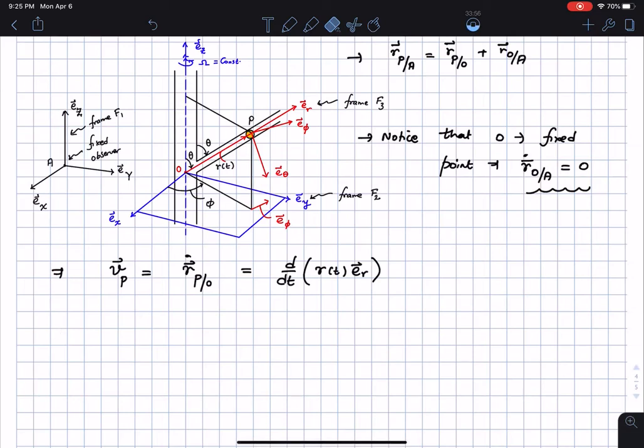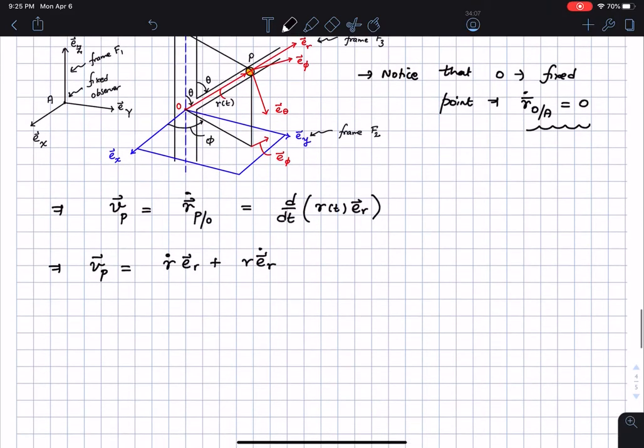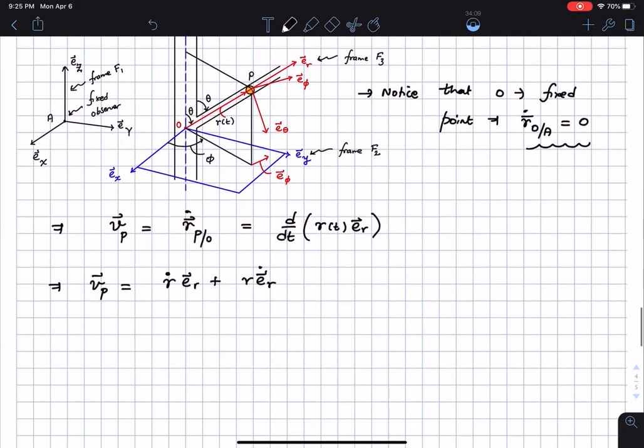This tells me that Vp is going to be r dot e_r plus r e dot of r. e_r is a part of frame F3, so this can be written as r dot e_r plus r times omega of F3/F1 crossed with e_r.